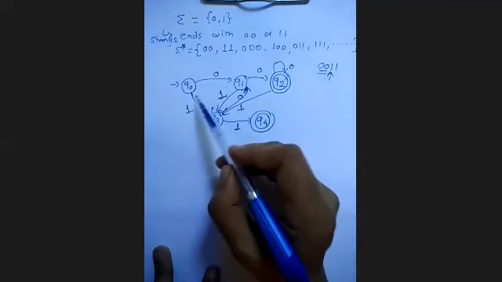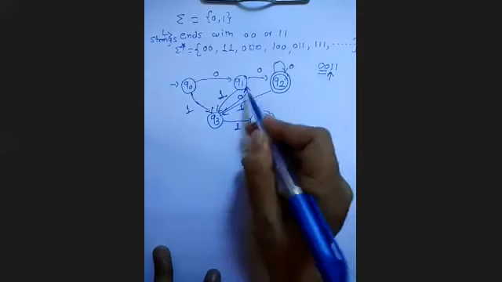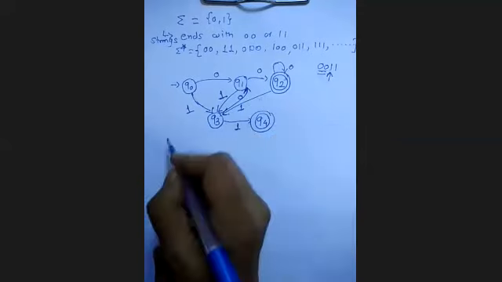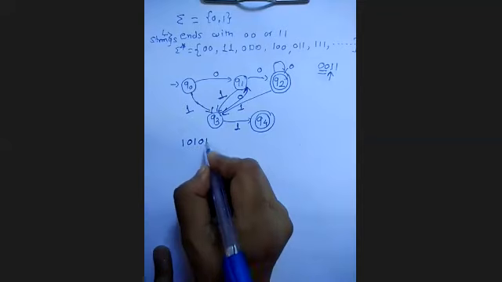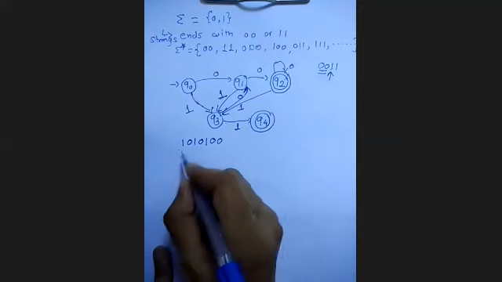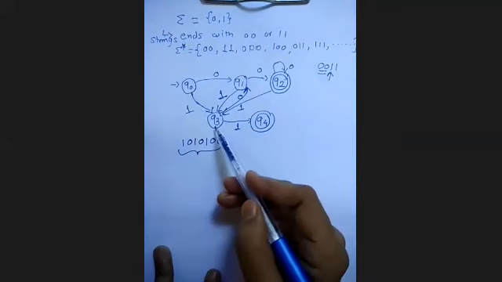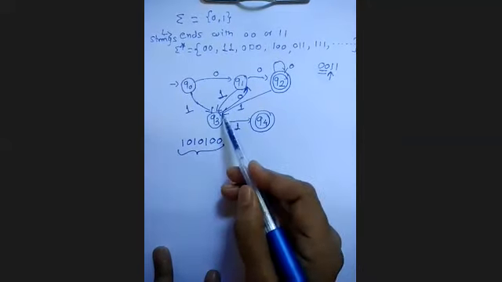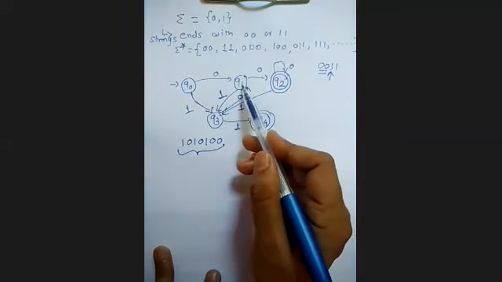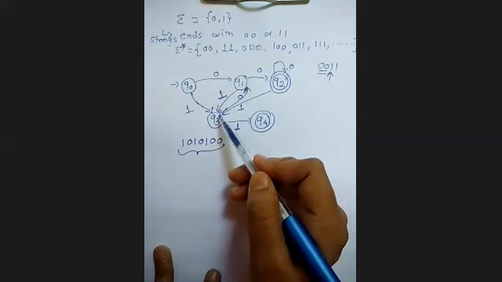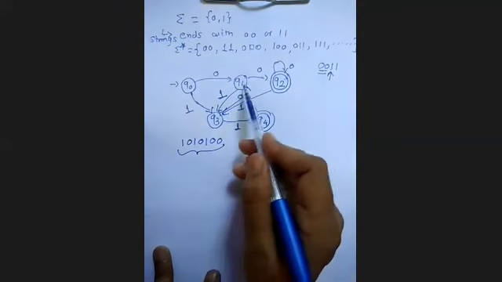So if I give the string 1 0 0, this is, you can say, a loop, correct? So if I give the string, let's say 1 0 1 0 1 0 0, see how the transition will be made. Q0 on 1 goes to Q3, next Q3 on 0 goes to Q1, Q1 on 1 goes to Q3, again Q3 on 0 goes to Q1, Q1 on 1 goes to Q3, Q3 then on 0 goes to Q1, and for the last 0 it goes to Q2. So you can see this is a loop.